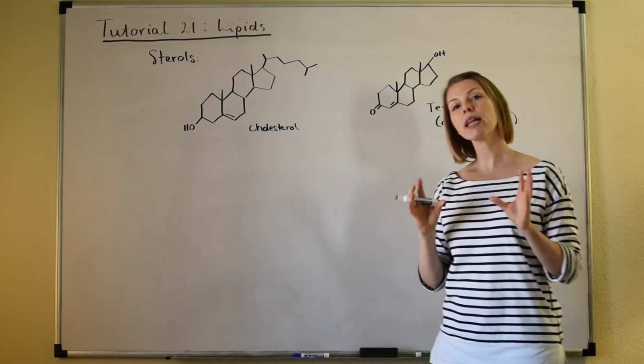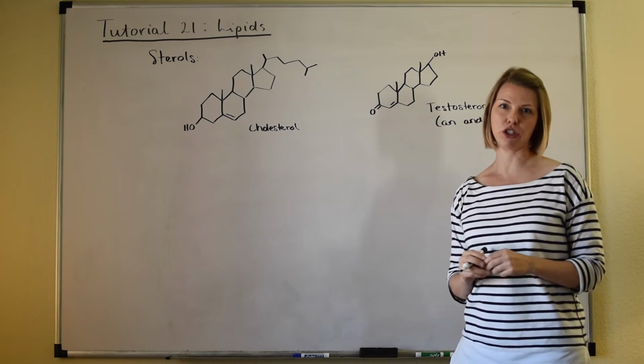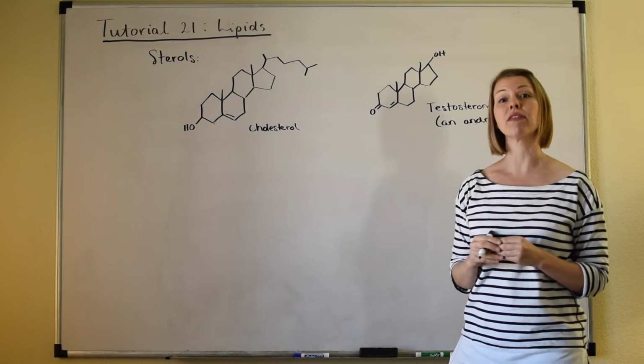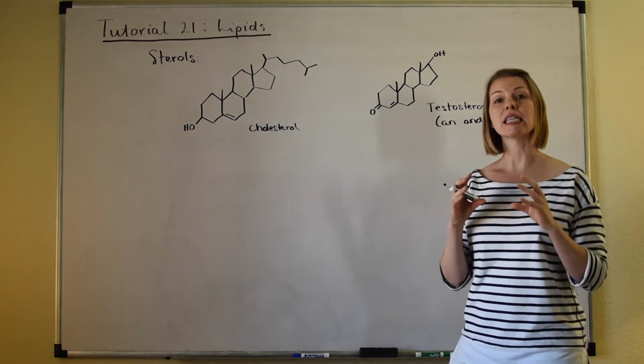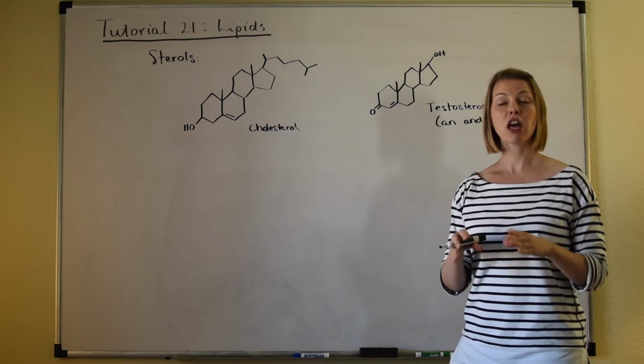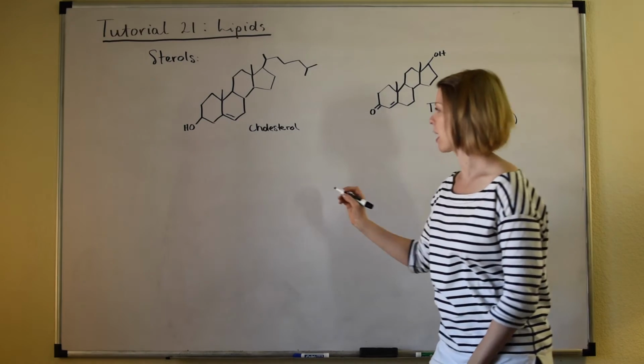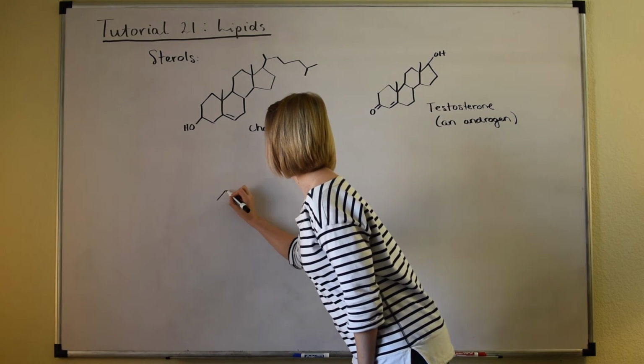All right, so one of the main things I like my students to understand about this category of lipids, the sterols, is that they all share the 4 fused ring structure. So I'm going to draw the 4 fused rings.